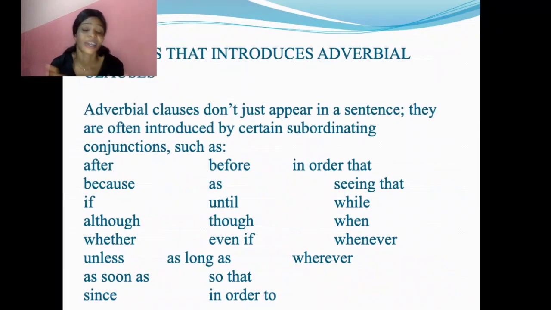Okay, now there are certain markers that introduce adverbial clauses. Adverbial clauses don't just occur. Remember, they are dependent clauses. Certain words introduce these adverbial clauses, and those words are known as subordinating conjunctions.